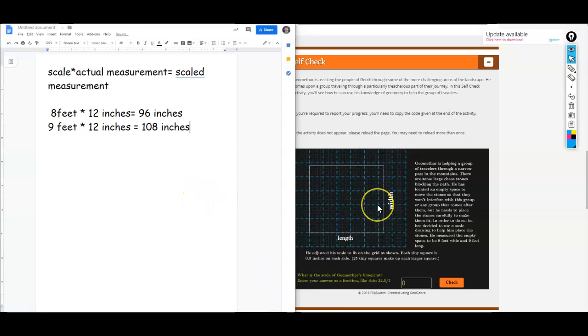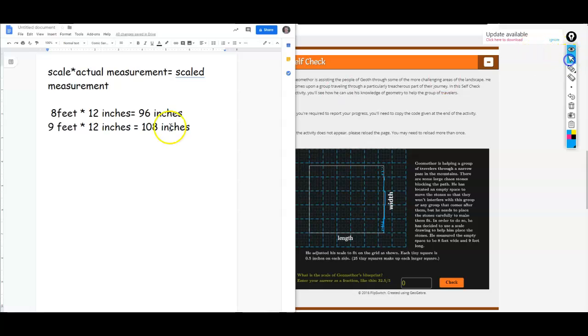So now, noticing the drawing, I want to find out how long it is in the drawing, the length and the width. So the width is, if you notice these boxes, the tiny ones, 0.5 inches, there are 5 of them in one big box. So there's 5, 10, 15, 20, 21, 22, 23, 24.